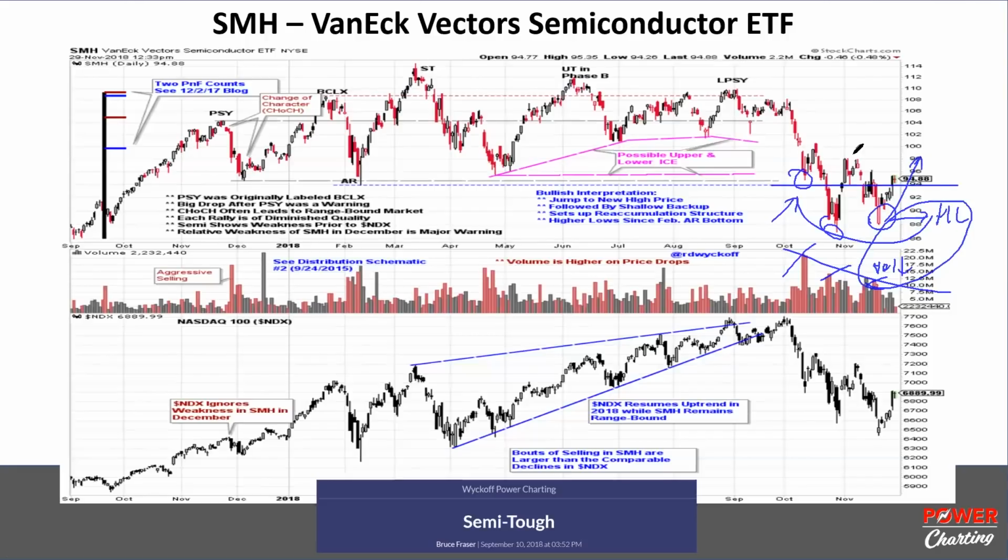And we obviously would be expecting a good rally to overcome a short-term intermediate resistance, and maybe come to one half of the trading range at least, and have some kind of retesting of that one half mark. Bruce, what do you think short-term might happen, and also how is SMH behaving relative to NASDAQ?